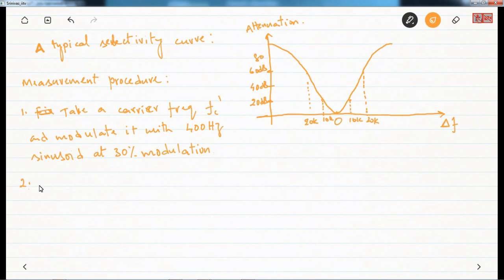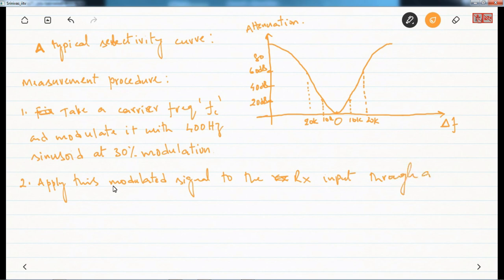Then apply this modulated signal to the receiver input through a dummy network. The process is the same as before, except here we change the frequency.